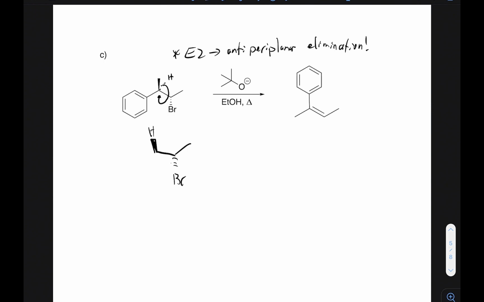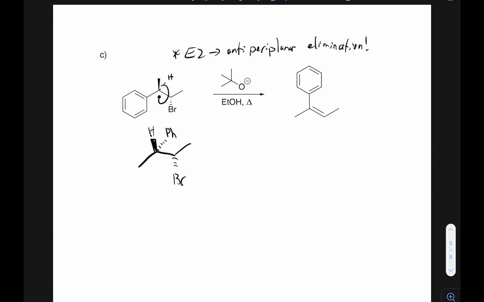So if we're bringing this hydrogen from the back forward, this methyl group is going forward down, meaning this phenyl group is taking the place of the hydrogen in the back here. Okay, and if we did R and S configuration for each of these carbons, they'd still be the same, right? So that means we know we didn't just switch groups and make a different molecule. We know that we rotated this bond fully.